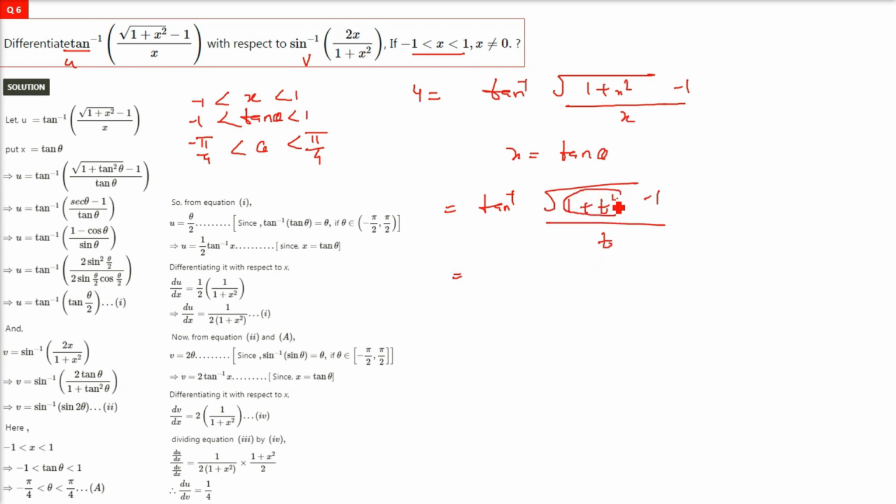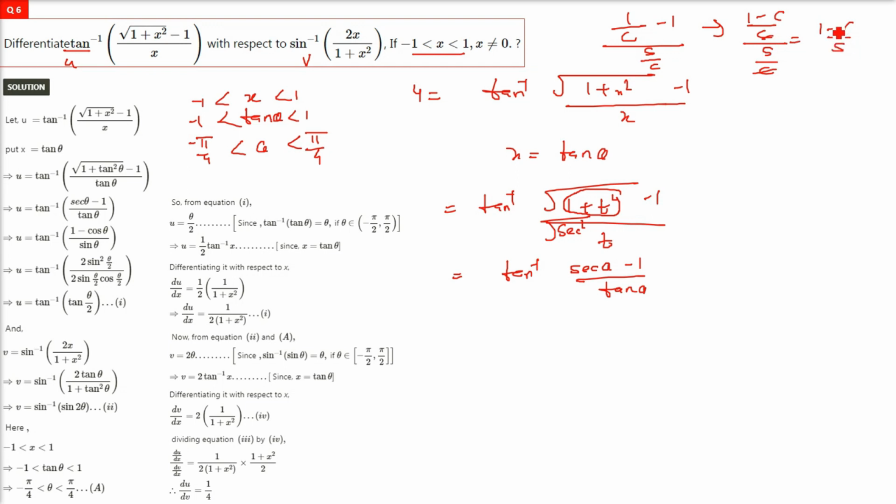So 1 plus tan square theta is sec square theta, and under root of sec square theta is sec theta. So final will be tan inverse of (sec theta minus 1) divided by tan theta. Sec theta is 1 by cos theta, so 1 by cos theta minus 1, divided by sin theta by cos theta. So (1 minus cos theta) by cos theta divided by sin theta by cos theta. Cos you can cancel, so it will be (1 minus cos theta) by sin theta.